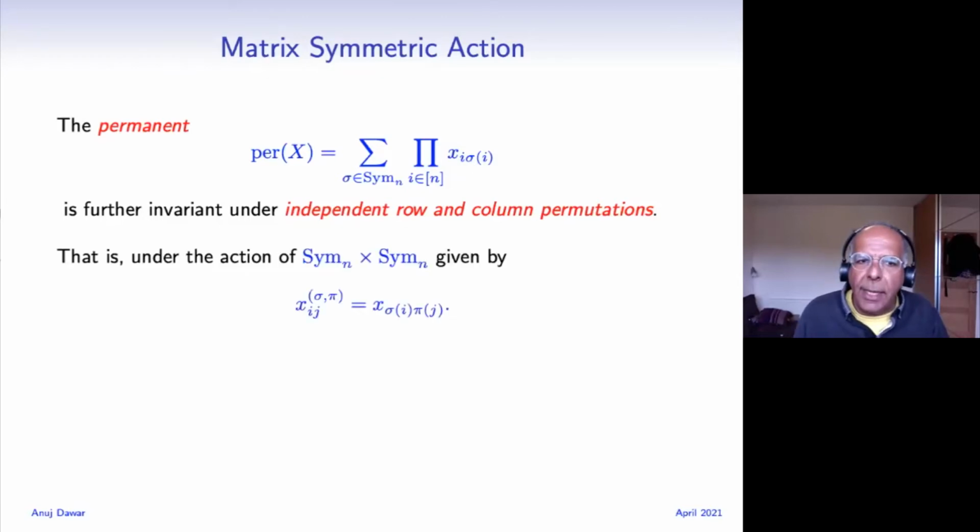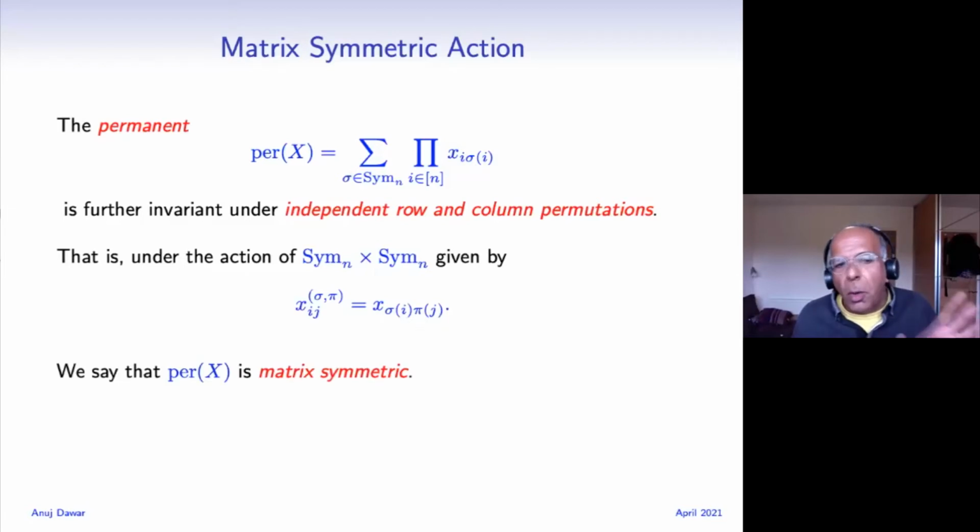So basically, the permanent is invariant under the action of Sym n cross Sym n, where given a pair of permutations, I apply sigma to the rows and pi to the columns. This doesn't change the permanent. But note, I call this the matrix symmetric action.